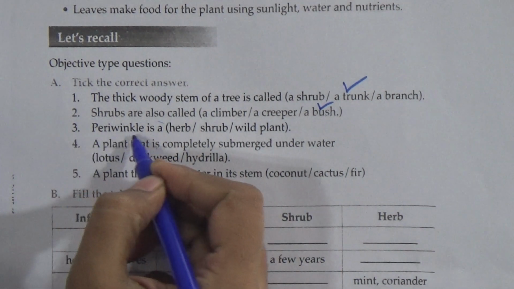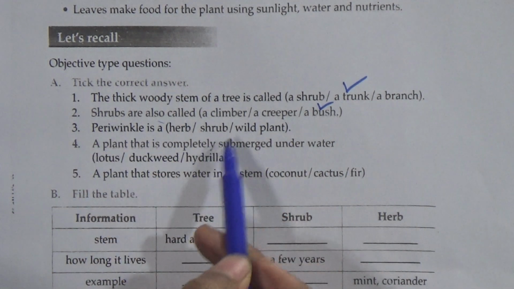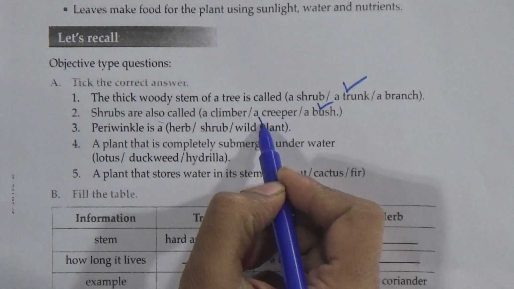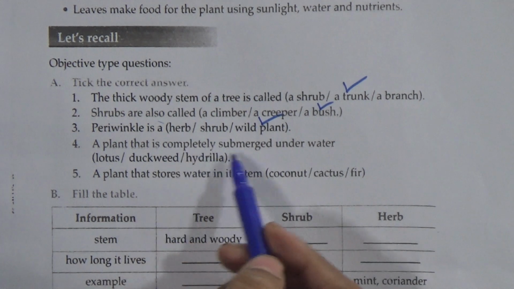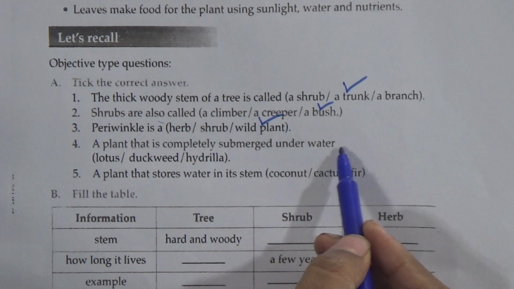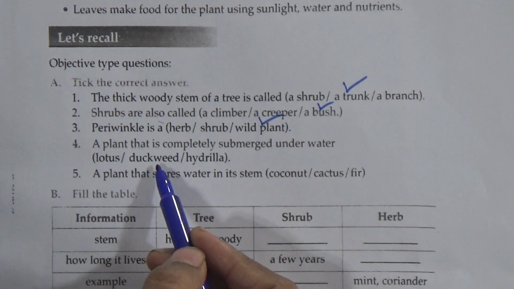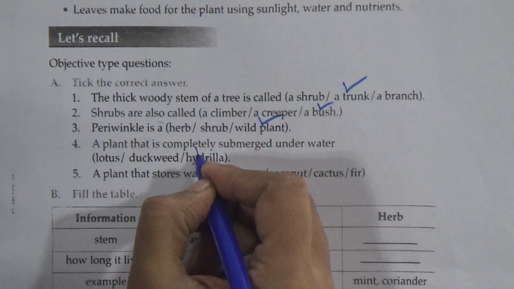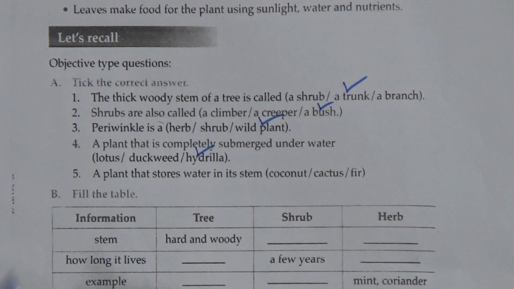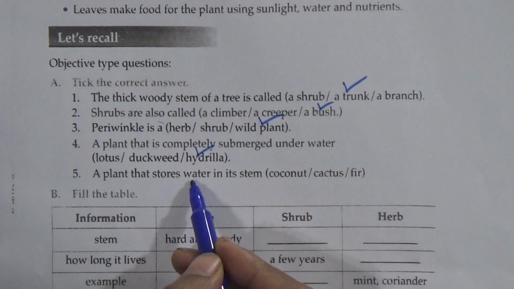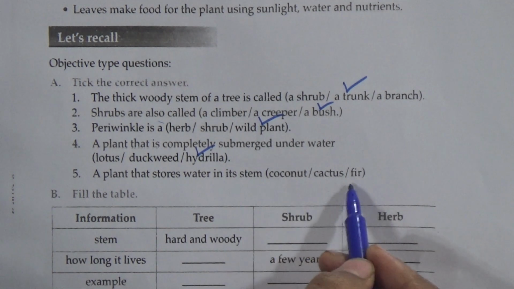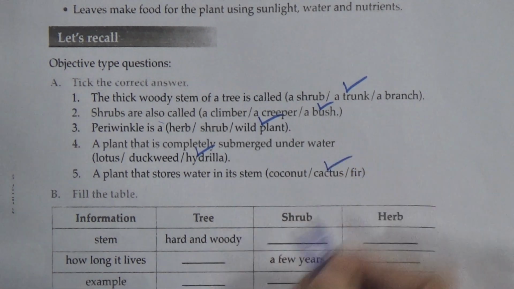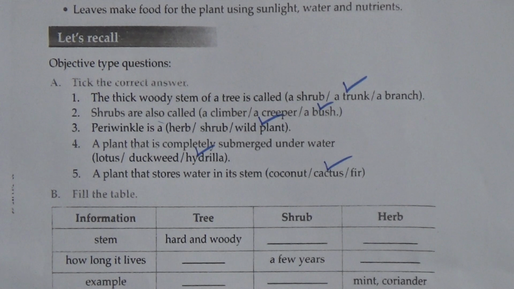Then a periwinkle is a herb, shrub, wild plant. It will be wild plant. Fourth one, a plant that is completely submerged under water: lotus, duckweed, hydrilla. We have learned about hydrilla. And last one, a plant that stores water in its stem: coconut, cactus, feed. It will be cactus, because desert plants store water in the stem.